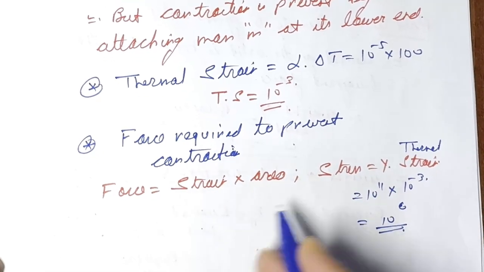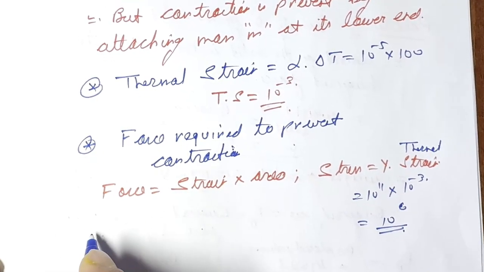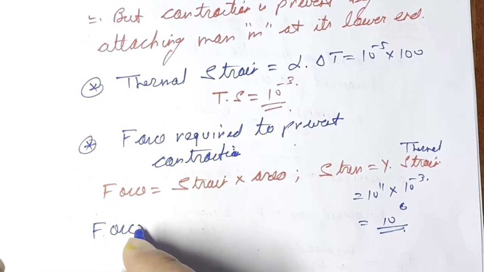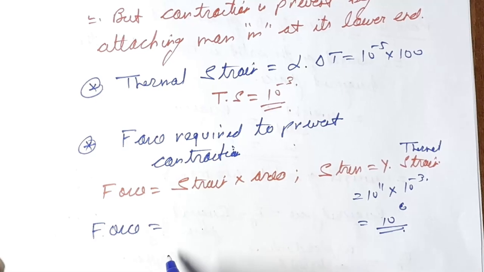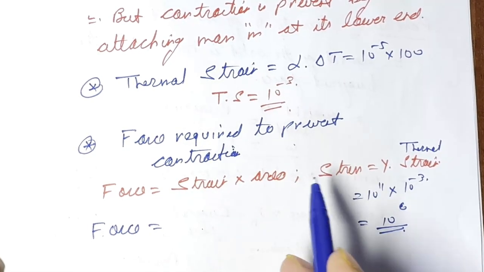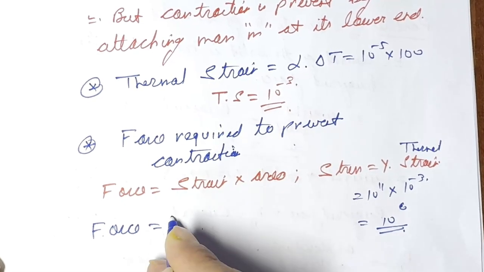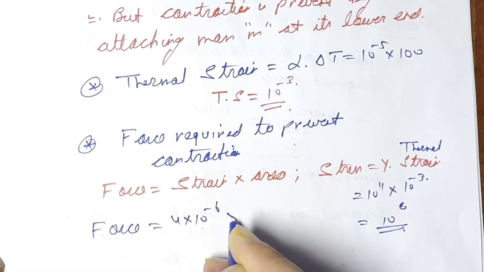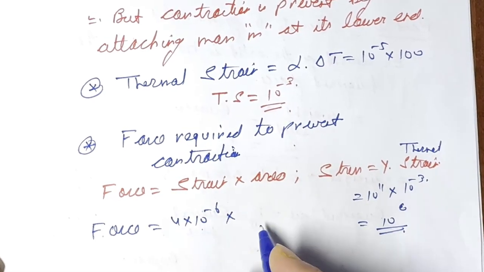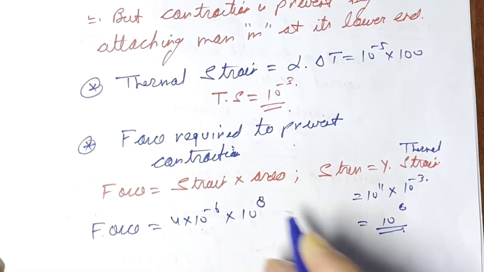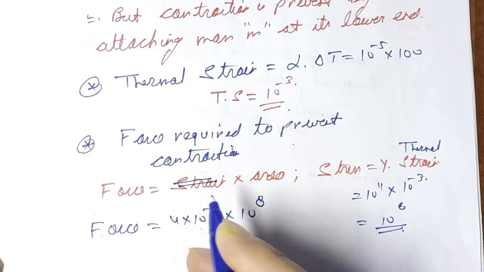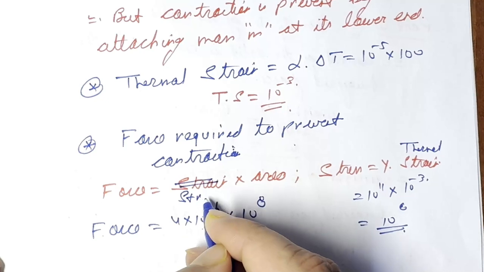Therefore our force will be equal to the cross-sectional area, given as 4 × 10^-6, multiplied by 10^8. Sorry, earlier I said strain, but this is stress, my mistake.